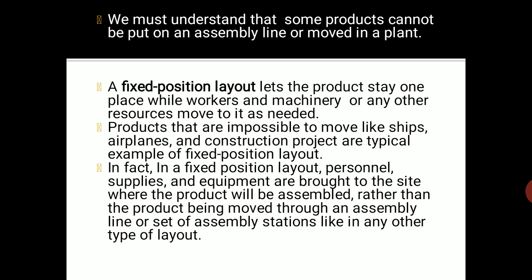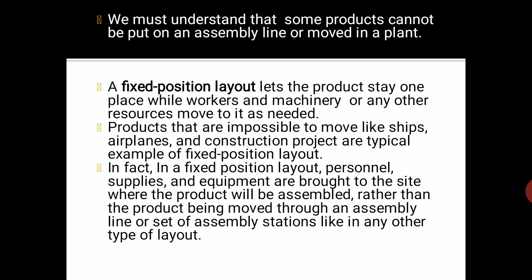Products that are impossible to move, where it is applicable, are products like ships, maybe airplanes, or construction projects. Say if a bridge, overbridge or underbridge is concerned, have you ever seen a bridge being taken up for manufacturing somewhere else? Definitely not, right? It's not possible.